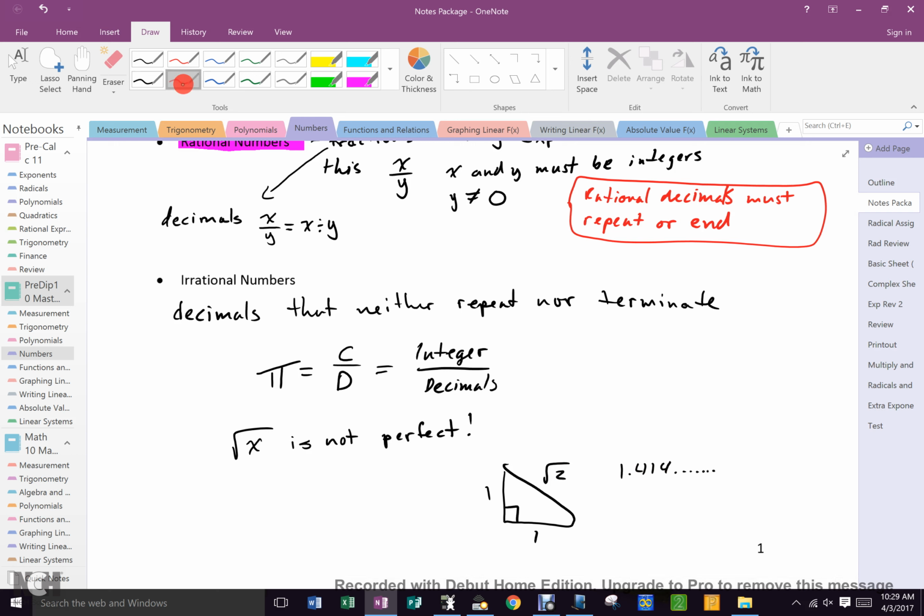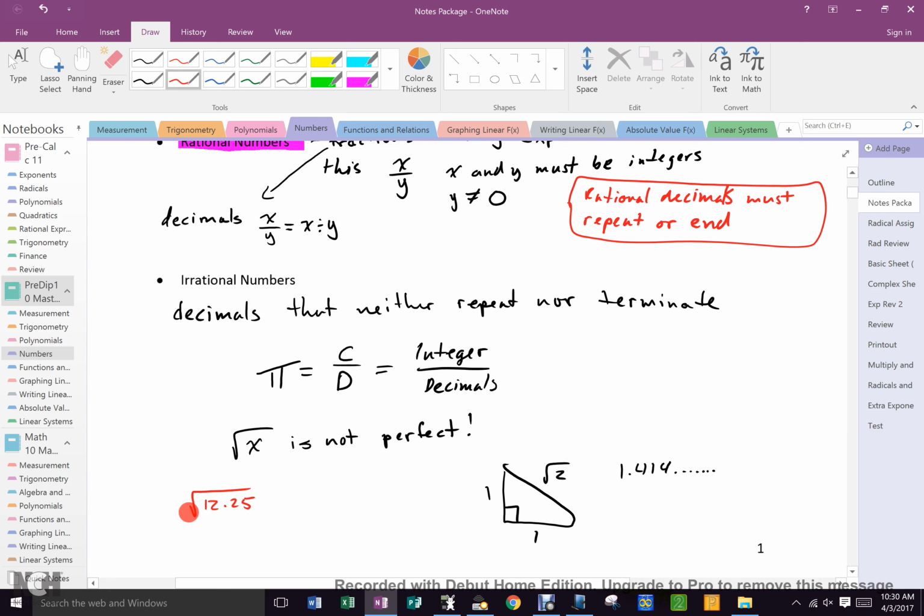Here's where it gets weird. Is the square root of 12.25 rational or irrational? What do you think? I said any square root of x that isn't perfect.